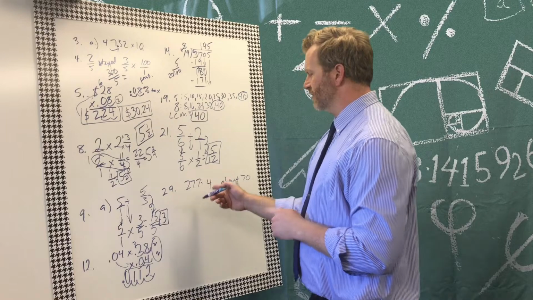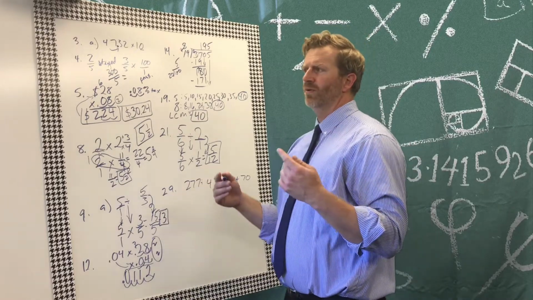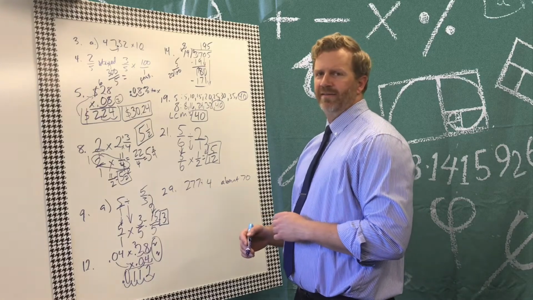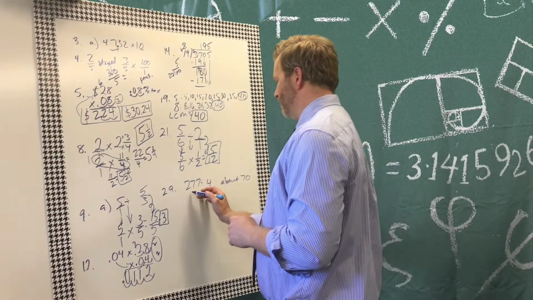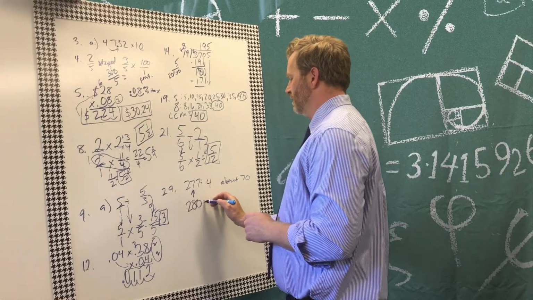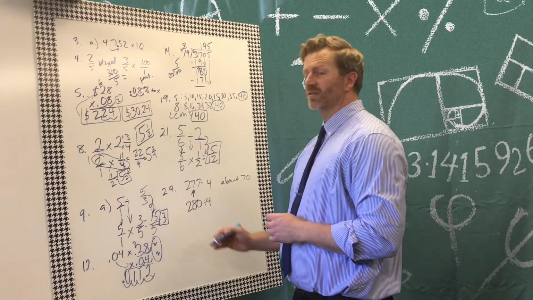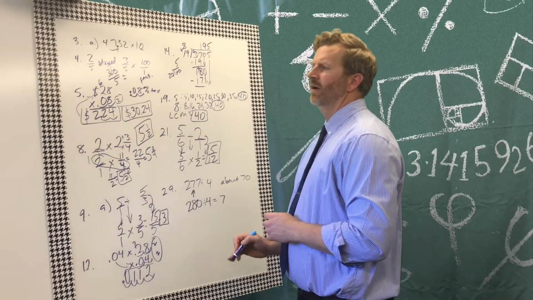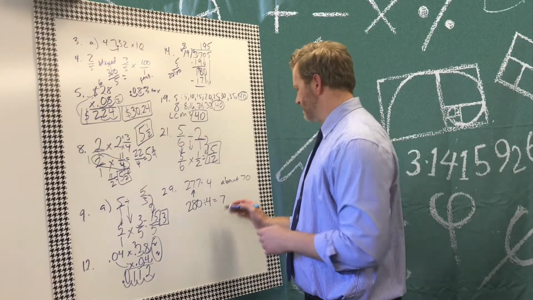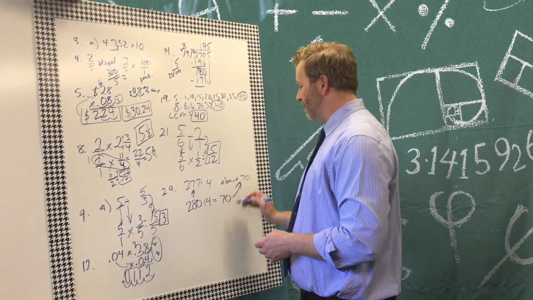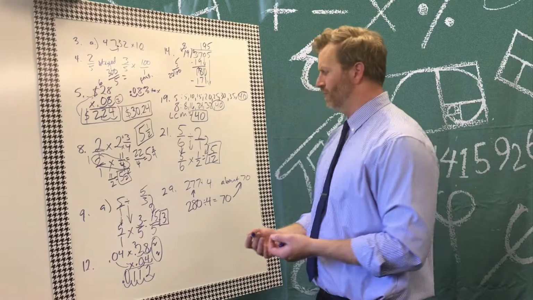So if I've got 277, what number would 4 go into evenly that's just a little bit bigger than that? There you go. If we round this up to 280, let's divide it by 4. 4 goes in 28, how many times? 7. Okay, and then 4 goes into 0, how many times? 0. Awesome, so that would say that her estimate is very reasonable.